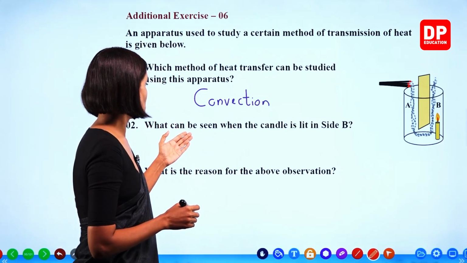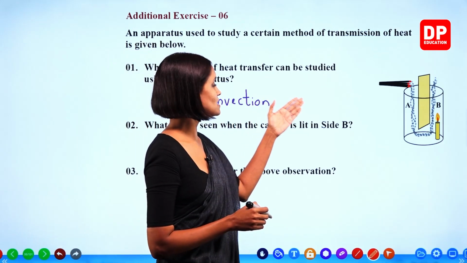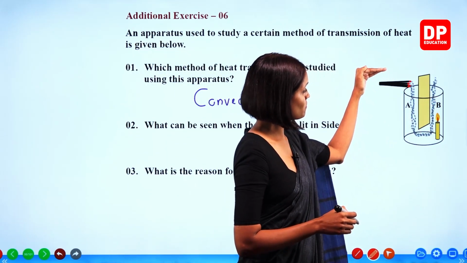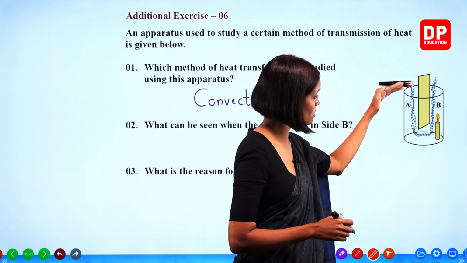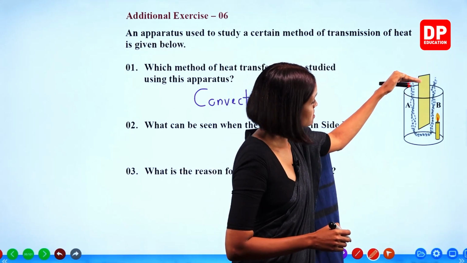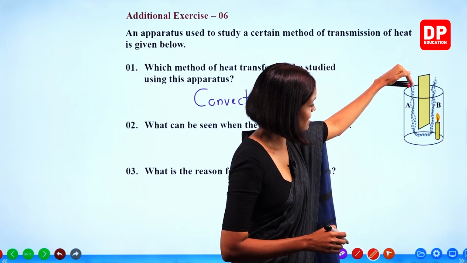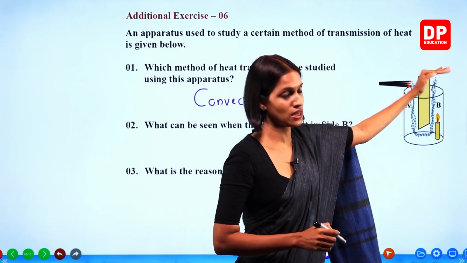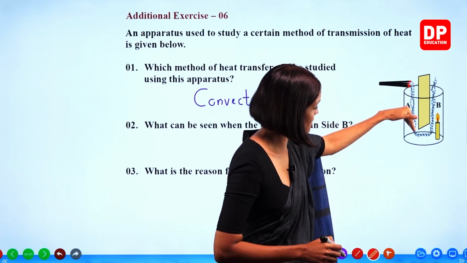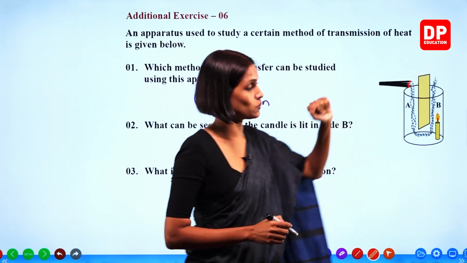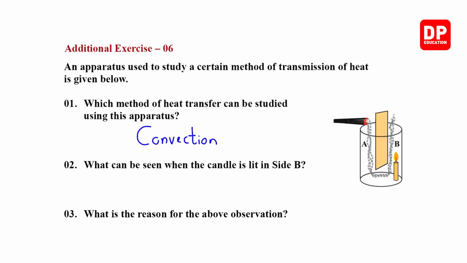What can be seen when the candle is lit inside B? When we light the candle inside B and bring the joss stick smoke closer to the mouth of side A, you can see the smoke goes down, enters the beaker from side A and goes out from side B. It nicely goes under this cardboard and goes out from side B. Okay? We'll write.